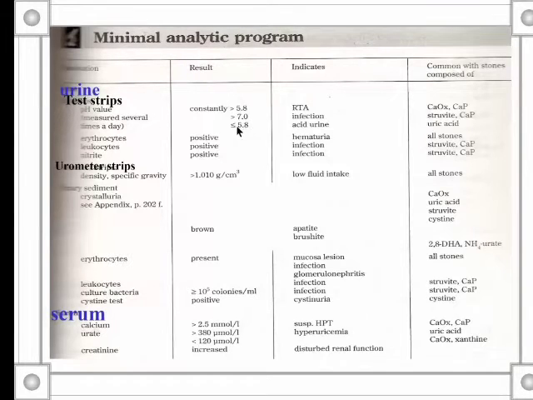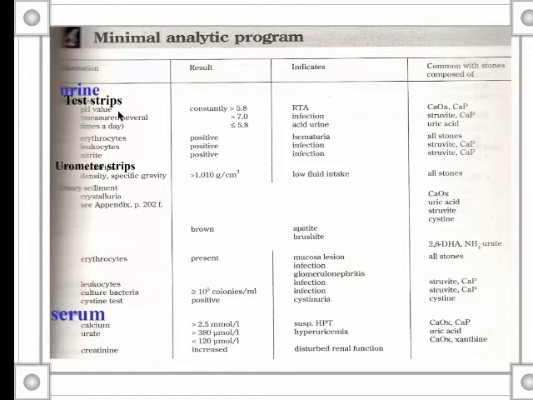So if it is less than 5.8, persistently acidic urine, the patient will have uric acid stones. Similarly, in tuberculosis, there is acidic urine. But if the patient has associated stones and the urine is less than or equal to 5.8 persistently, it means the patient has uric acid stones.